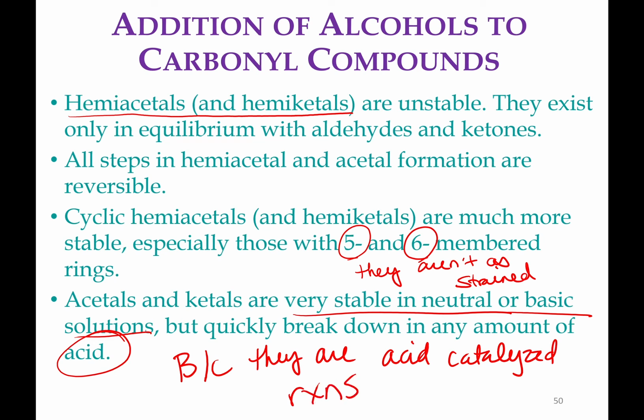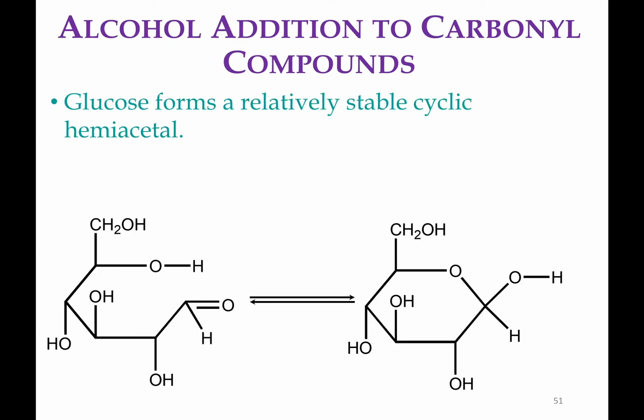So that makes a whole lot of sense that they're going to break down if we put them in an acid. All right, so this is glucose. Hi, glucose. Glucose forms a relatively stable cyclic hemiacetal by reacting with itself. So here we have our OH, and here we have our aldehyde. The oxygen is going to form a bond to the carbon. This one's going to go to the oxygen, and we're breaking this bond and this bond.